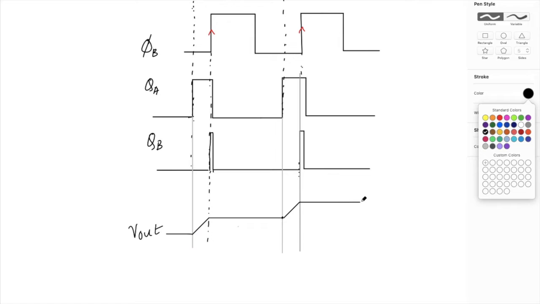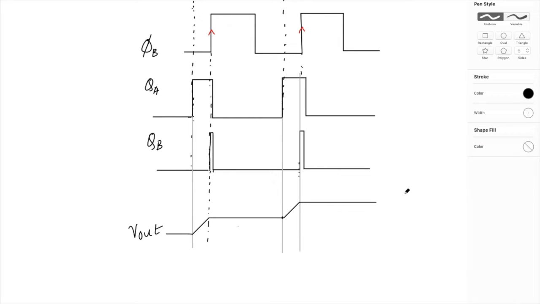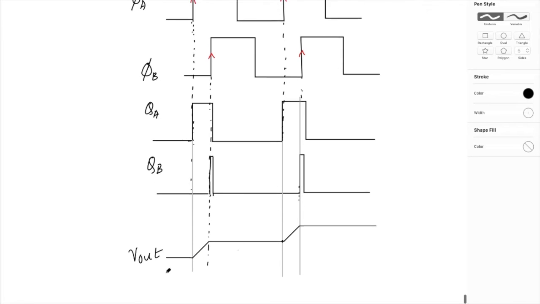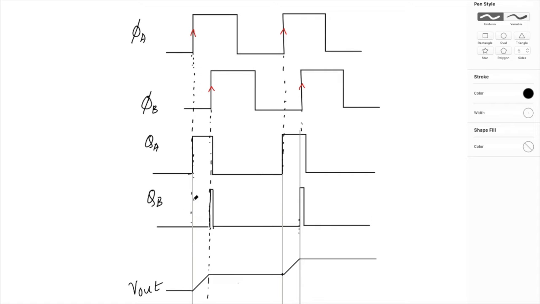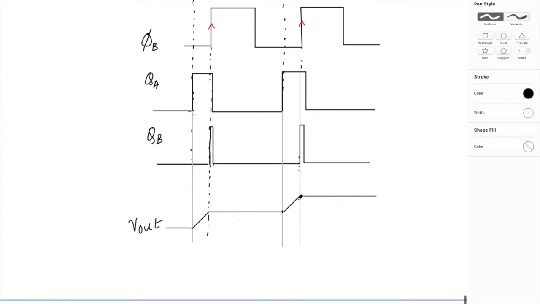Like that, you can see there will be a ramping of the V out. The vice versa is going to happen if my QB is high whereas QA is low, then the voltage V out is going to go down.